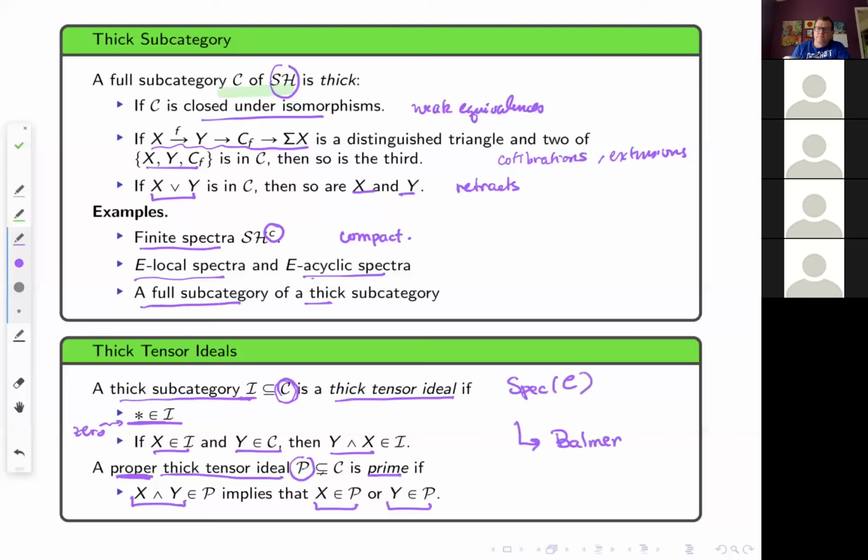I put a link to his stuff on the website. He makes these definitions in a general context and puts a topology similar to the Zariski topology on this set. So when people say something is the prime of some category, often they mean in this context.